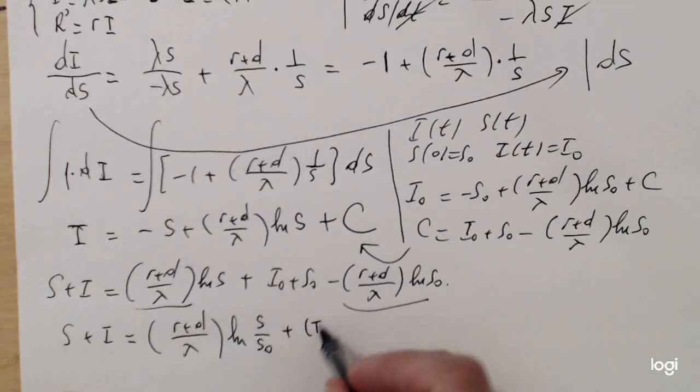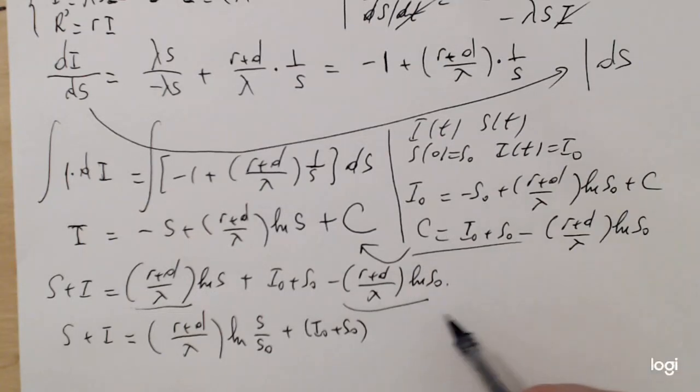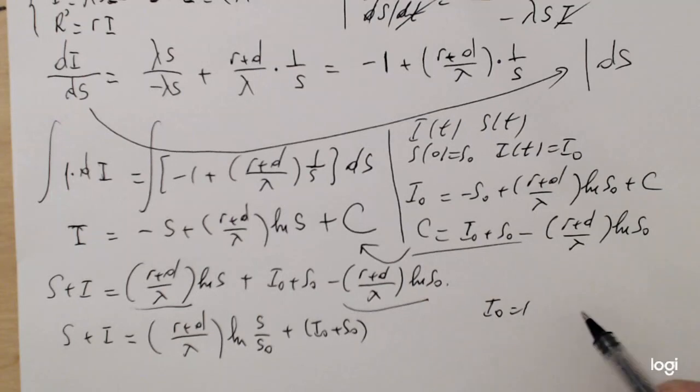And then I naught plus S naught, again, are the summation between the initial infected and the susceptible class. So in fact, let's actually use, as I said before, that case when we have the start of the epidemic, when I naught is 1, S naught is 999. So just one infectious person, one infected person in a population of 1,000 people.